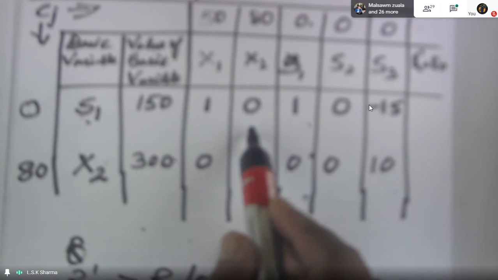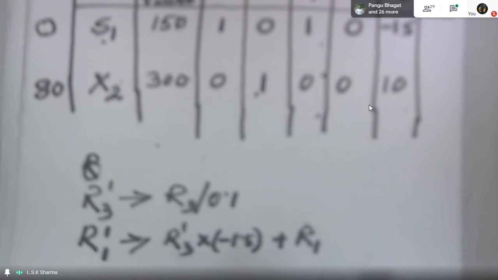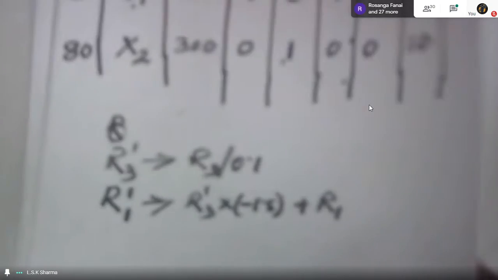Okay. Similarly, we want to do for the second row. And for the second row, what equation we can use? What was the number out here? The number out here was 0.2. So we have to make this into 0. How can we do? Same thing. R3 dash multiplied by minus 0.2, okay, and add into that particular. So how do we write the equation? We write the equation again out here like this.